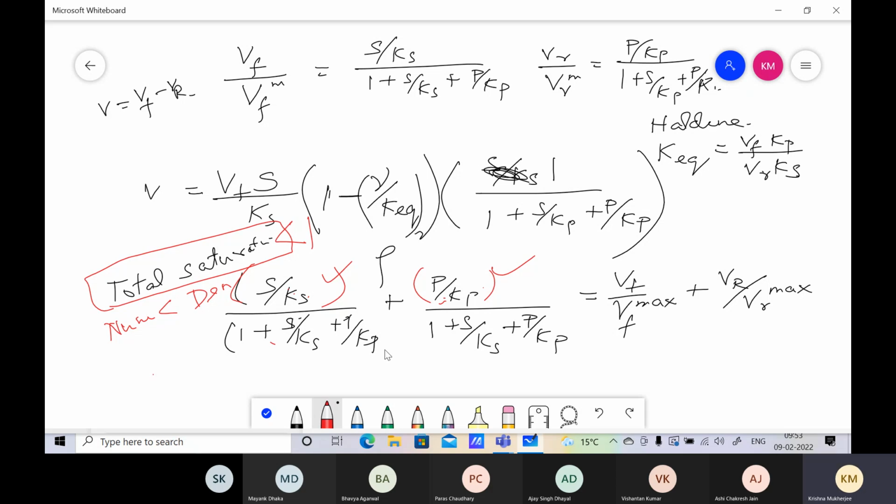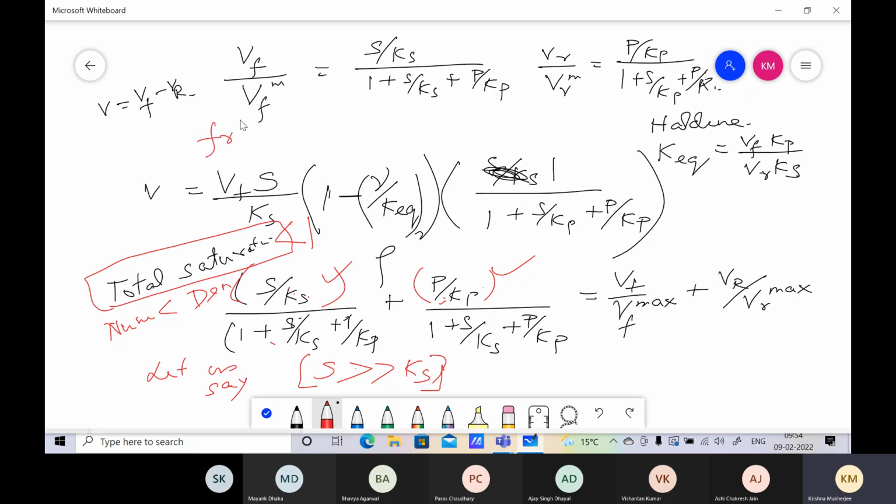Let us assume that the substrate you have added is very, very high compared to Ks, just like in Michaelis-Menten kinetics, where we were getting a zeroth order reaction. Earlier in Michaelis-Menten kinetics, when S was much, much larger than Ks, what would we say?